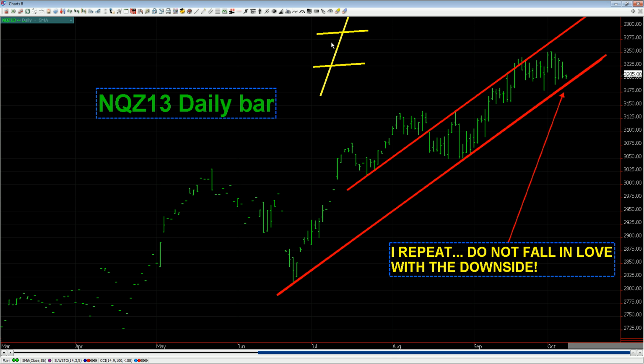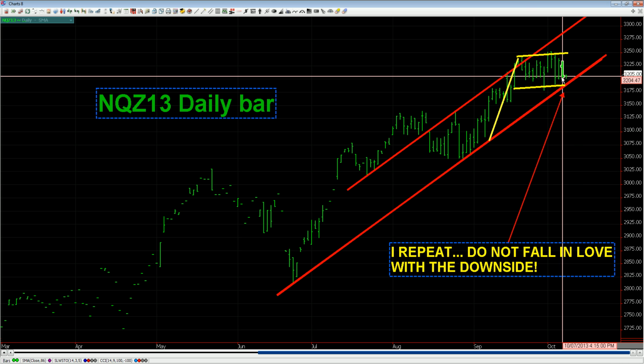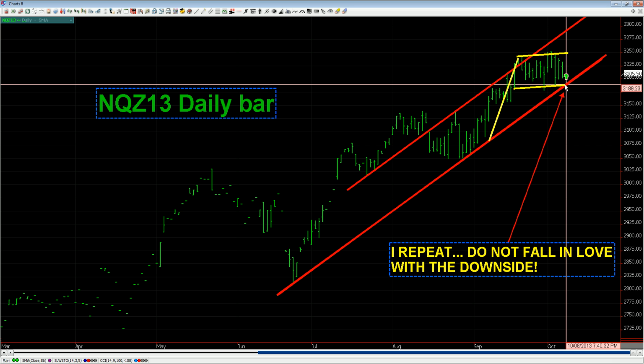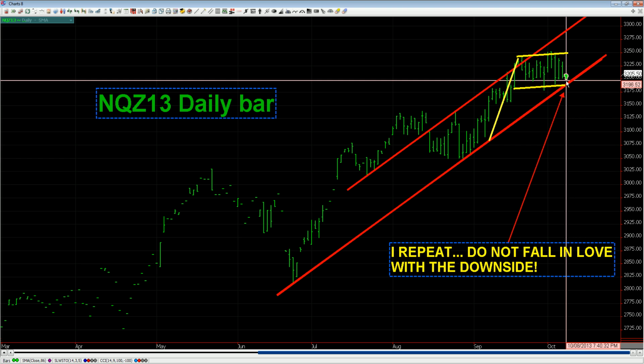You can call this thing right here a bull flag, a big bull flag in the Nasdaq, and now it's getting ready to bounce off of the support line. So let me tighten this up for you. Big bull flag sitting right here on top of the Nasdaq, and we're about to come down a bit more and run into a big support line.